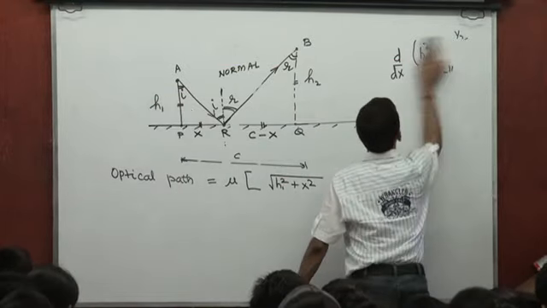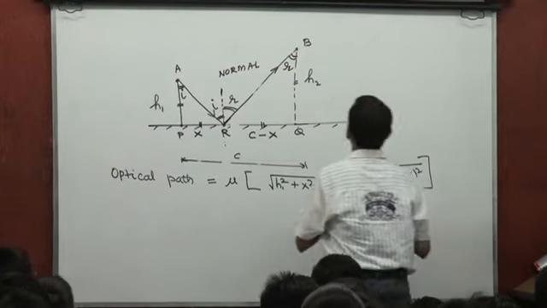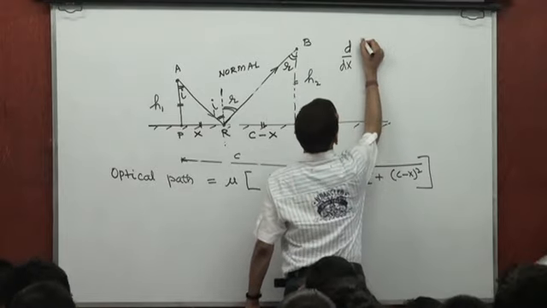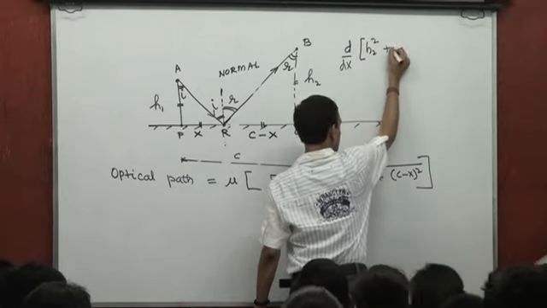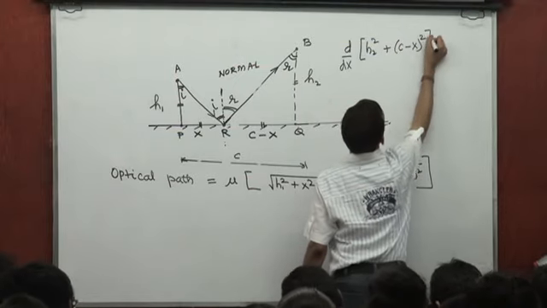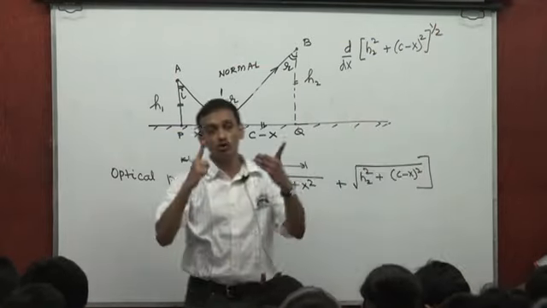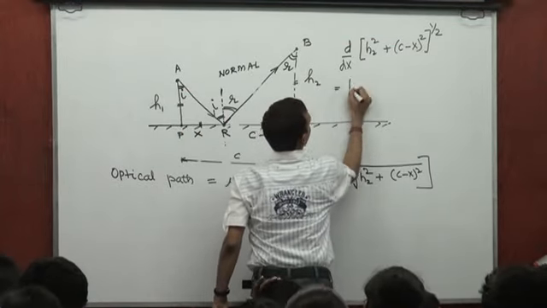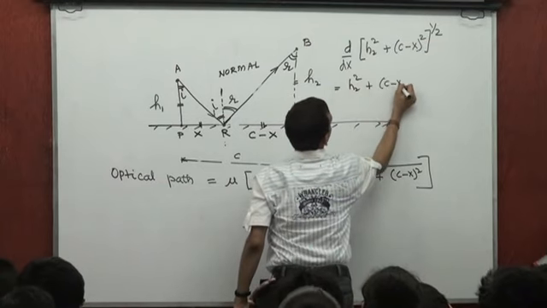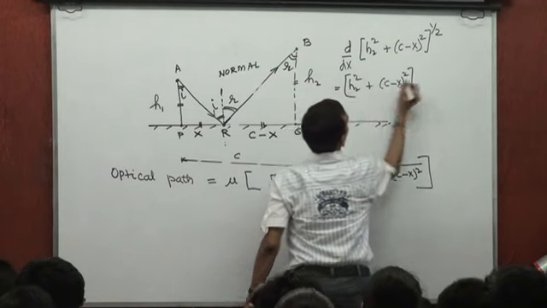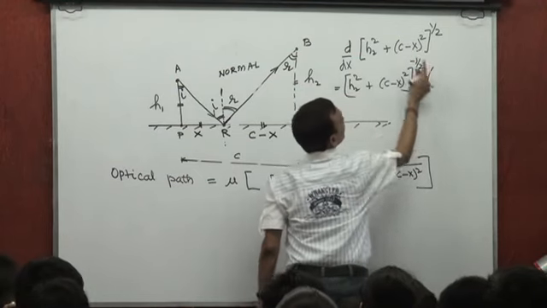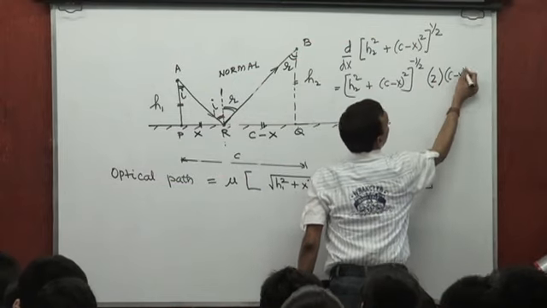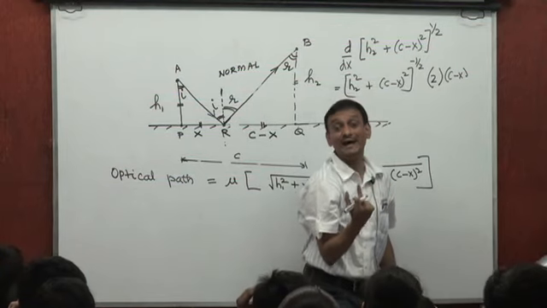Similarly, ddx of H2 squared plus C minus X whole squared to power half. Again, go from outside to inside. This is H2 squared plus C minus X whole squared to power half minus 1, that is minus half, into derivative of, then C minus X whole squared would give me 2 into C minus X, and then C minus X would give me minus 1.